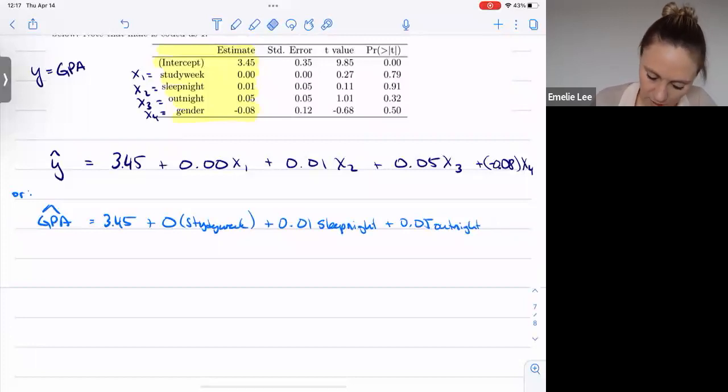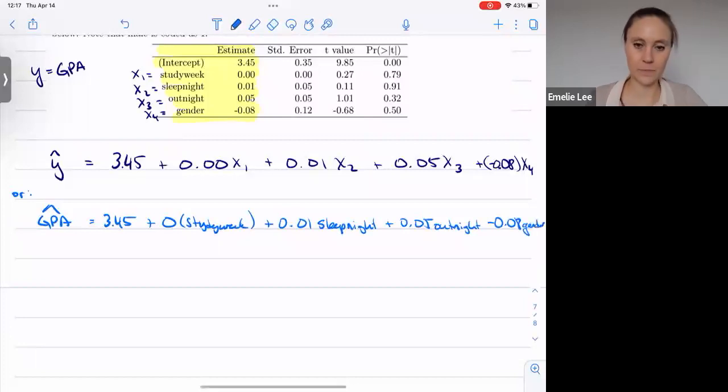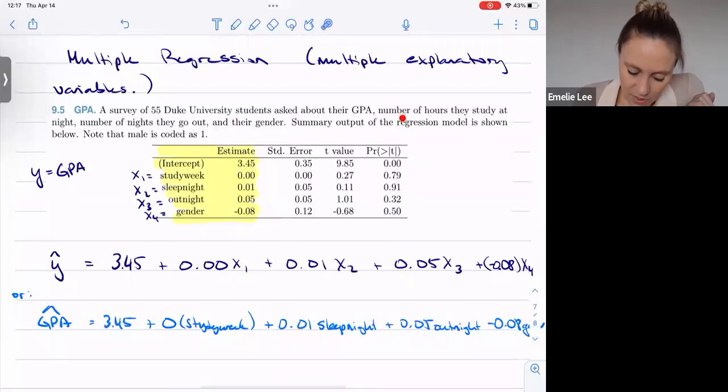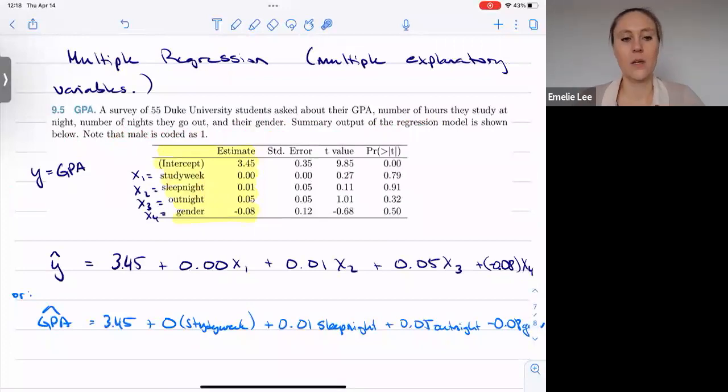And then I'm going to do minus 0.08 gender. Now I can't remember what the variables are exactly, the study week, the number of hours they study at night, the number of nights they go out, and their gender. Sleep night, out night, I don't know what all these are.